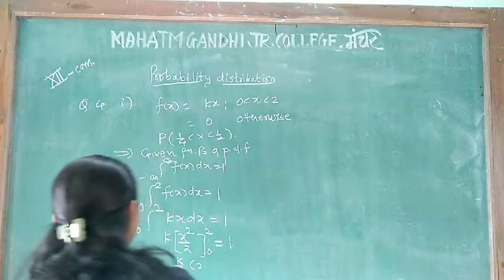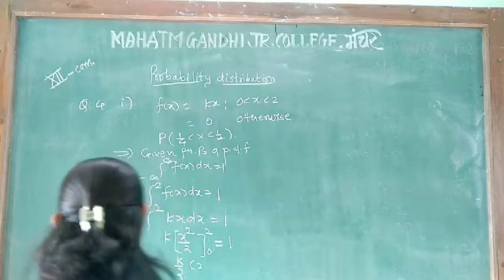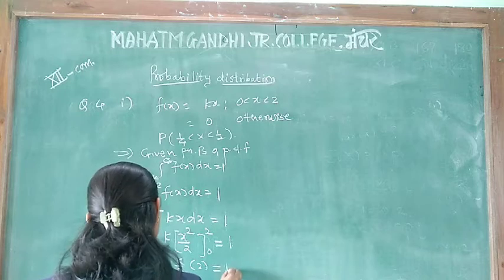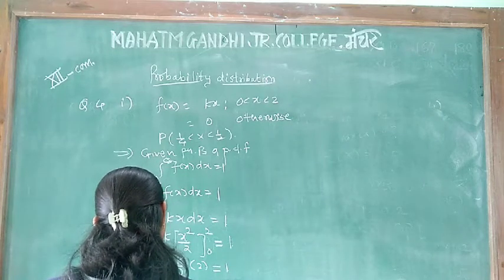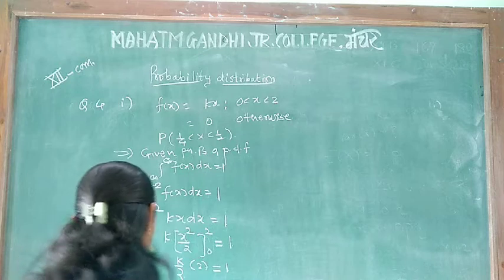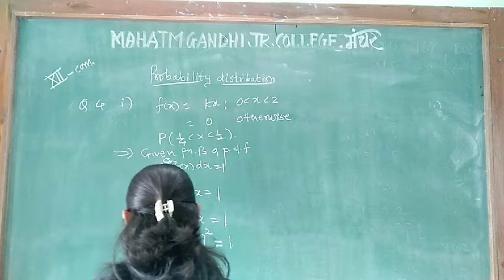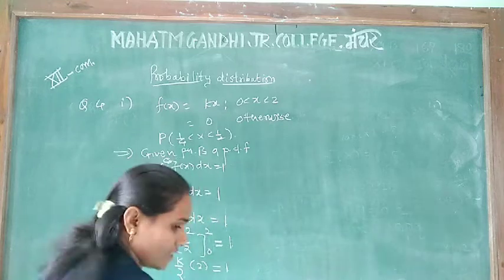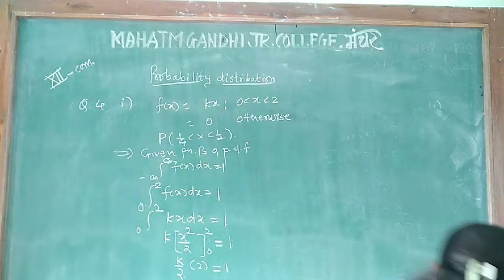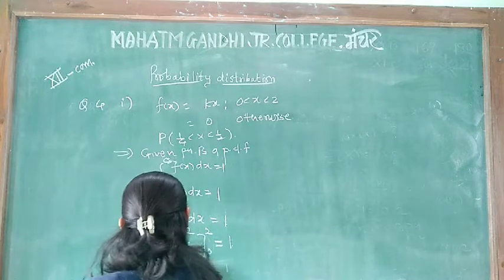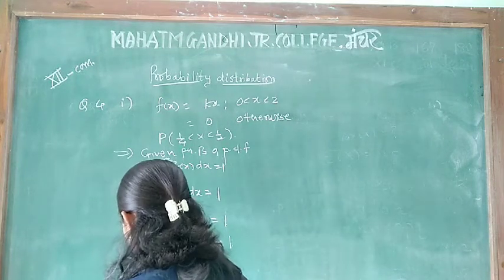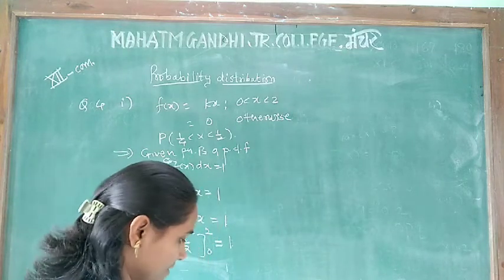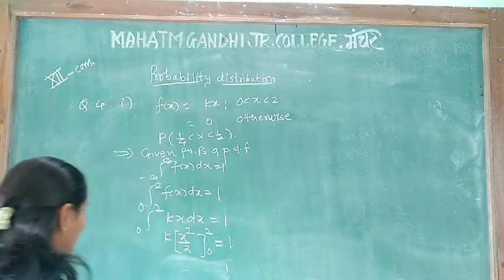Given that the function is a PDF, the limit is 0 to 2. Here the function is k into x square upon 2.